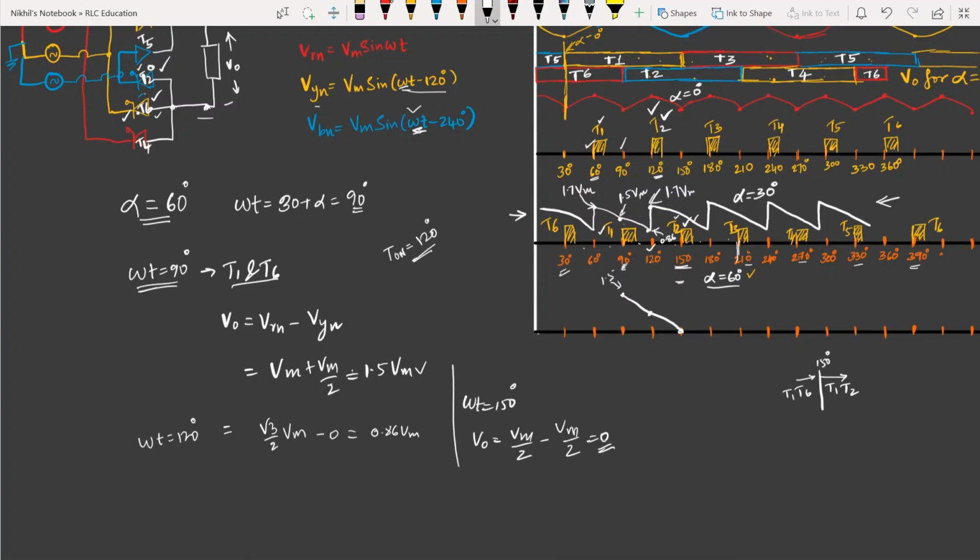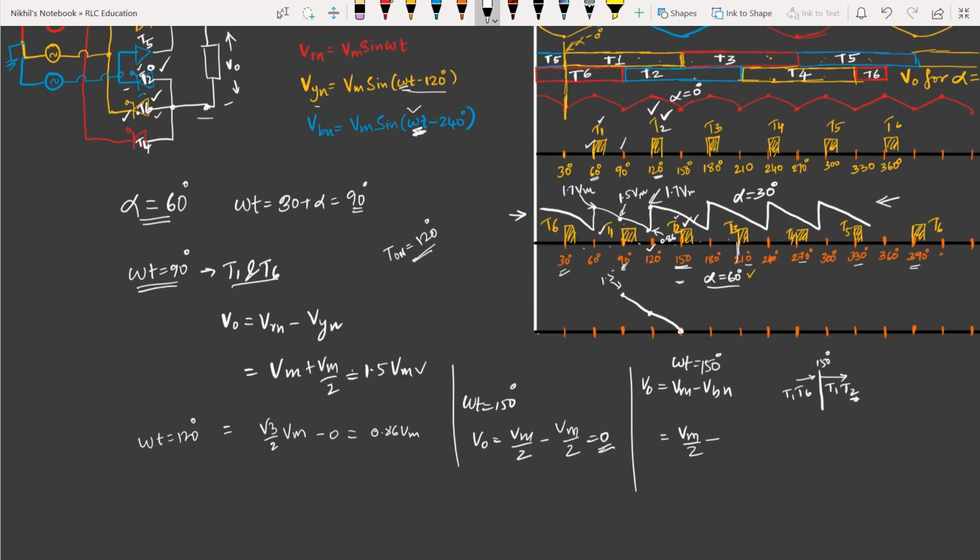If T1 and T2 are conducting after 150 degrees, the output voltage will be nothing but Vrn minus Vbn, because T2 is connected to which phase? It is connected to B phase. So at omega t equal to 150 degrees, what will be the output voltage due to T1 and T2? Vrn at 150 degrees is anyhow Vm by 2, minus, in Vbn put omega t equal to 150.